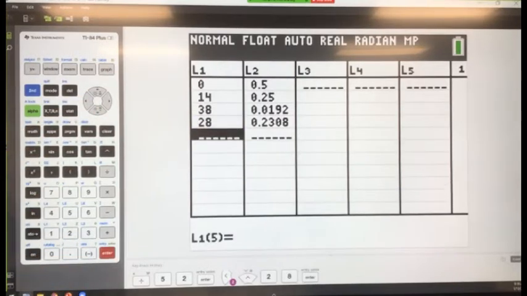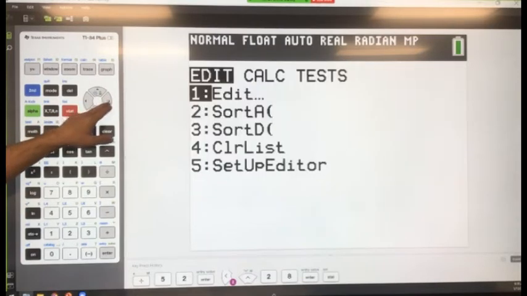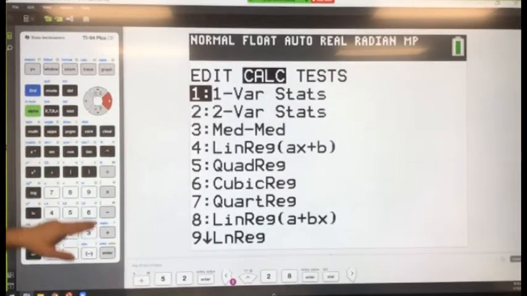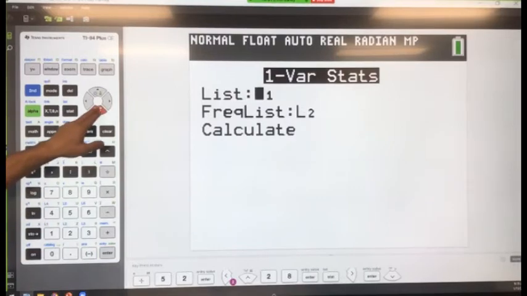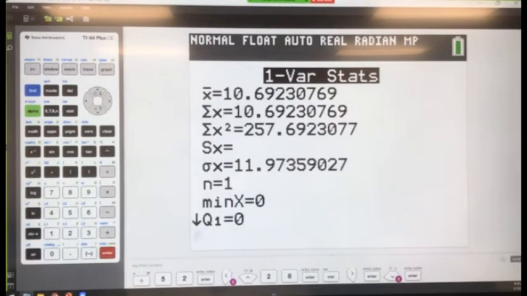All right, so there's my distribution table. So stat calculates to calculate that expected value. Y1 vars. I need to make sure list 1 has L1 and frequency list is L2. Let me go down to calculate and tell me what is my expected value. How much am I expected to earn on average? 10.69. Expected value is the same as mean or average, which is this number right here.